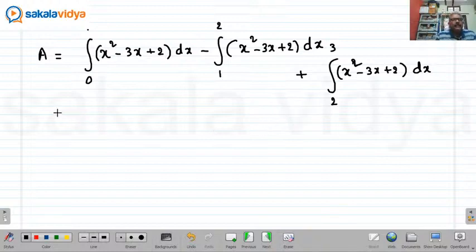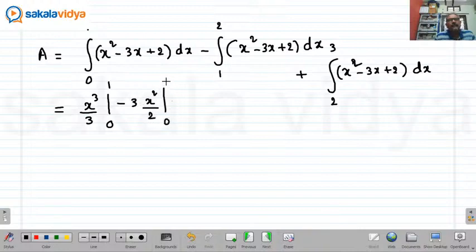So now this equals, we can write x cube by 3 from 0 to 1, minus 3 times x square by 2 from 0 to 1, plus 2x from 0 to 1. Okay, you calculate this one.